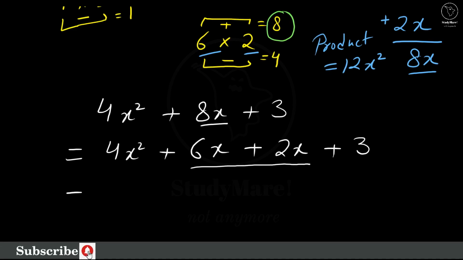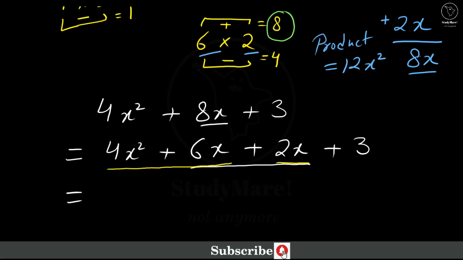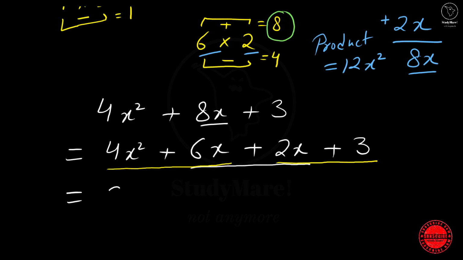So now, if you look, this would be our first bracket and this would be our second bracket. Now, if you look at it, we can take 2 and x as common. That is 2x. So 4x square was here. 2x is gone out.